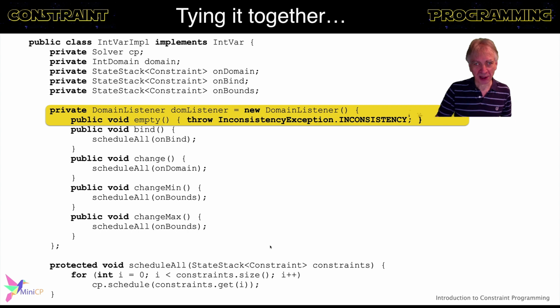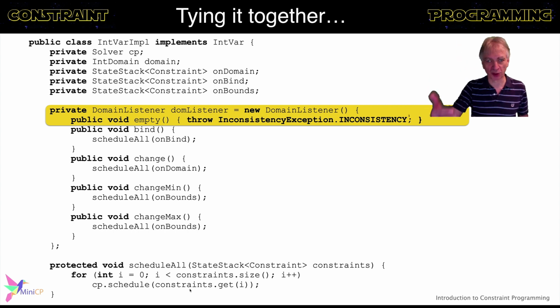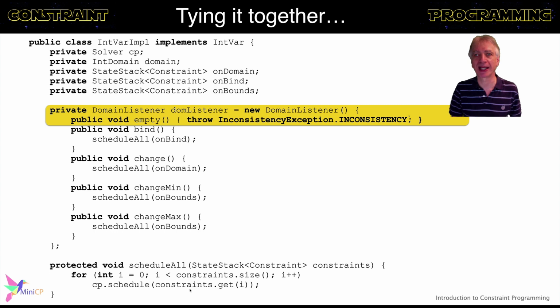Okay, look here, this is the implementation of the variable. You see when a min or a max or a bind, the variable is being bound, you will schedule the constraints on this list, and this is where we call the schedule method that I was just talking about in the constraint solver. Right? So every time some modification happened to the variable, we're going to schedule some of the relevant constraints that need to be propagated.